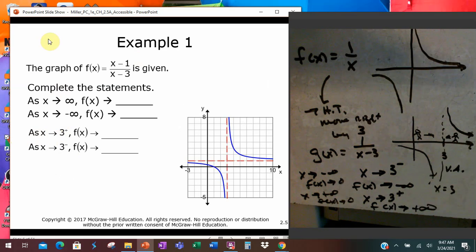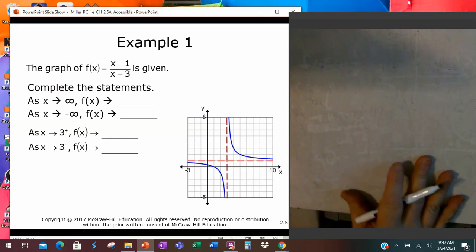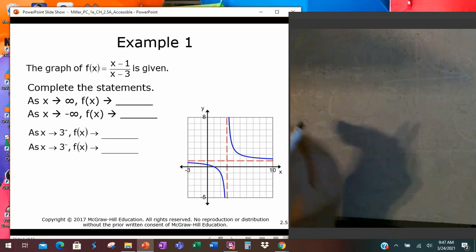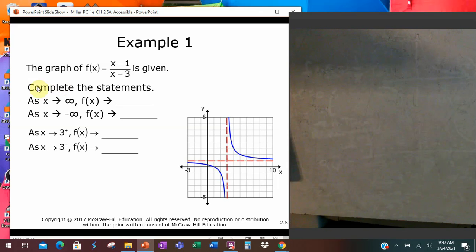Okay, so graph this thing. There are a couple of things that we're going to look at for graphing. As we go through, we're going to look at the zeros. Notice that it crosses the axis where the top polynomial is equal to 0.